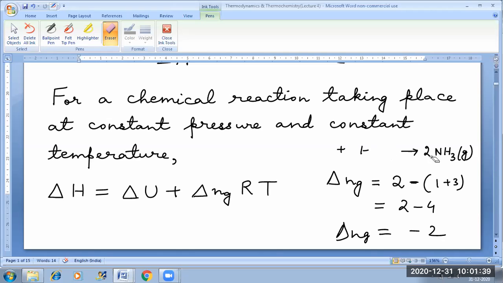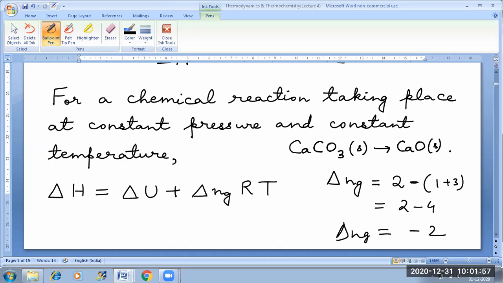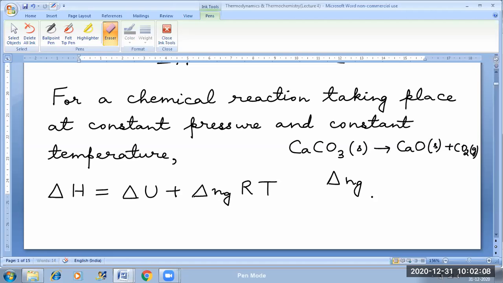Next, if I ask you what is the value of delta Ng for this reaction, so it would be 0.